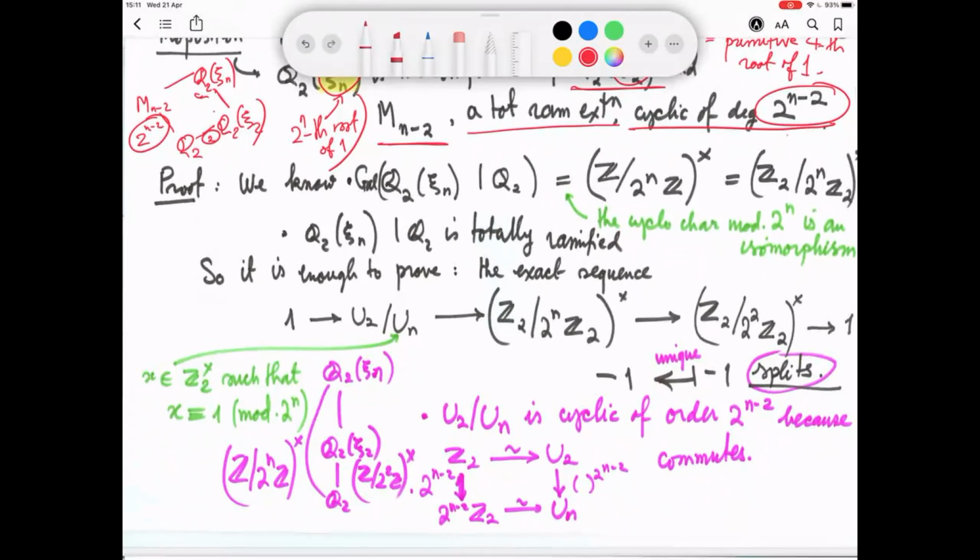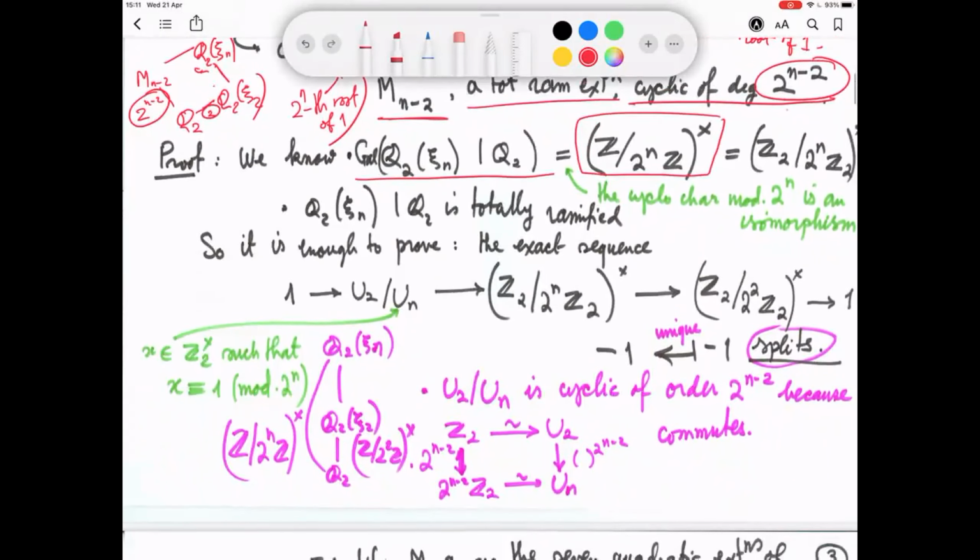So what do you need to know? First of all, you need to know that when you adjoin psi n to Q2, you get an extension which is Galois and whose Galois group is isomorphic to Z mod 2 to the n Z star, the multiplicative group of Z mod 2 to the n Z. The next thing you need to know is that Q2 psi n is totally ramified over Q2.